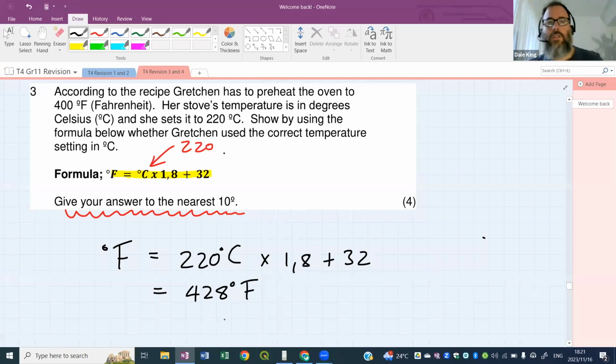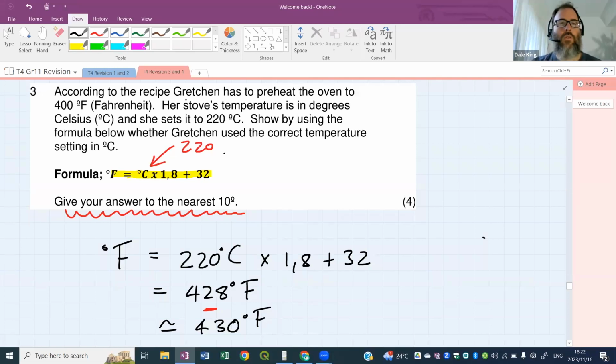Now, the question said we have to give our answer to the nearest 10 degrees. So we have to look at this 2, right? And check if it changes. And because there's an 8 next to it, this should give us 430 degrees Fahrenheit if we round that off to the nearest 10.